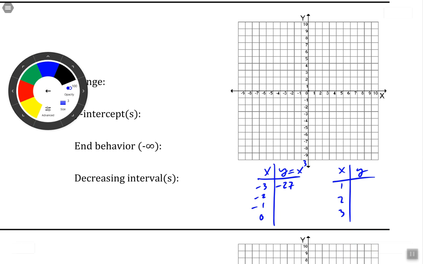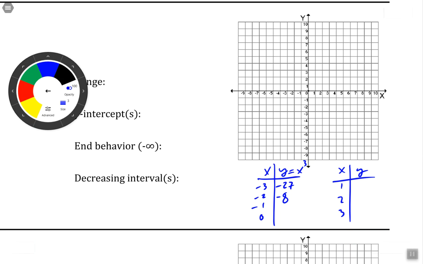And then you multiply by a negative number. All of the negative x's will have a negative y, because it's a negative times a negative times a negative, right? So what's -2 squared? -2 times -2. 4, right? What's 4 times -2? -8.